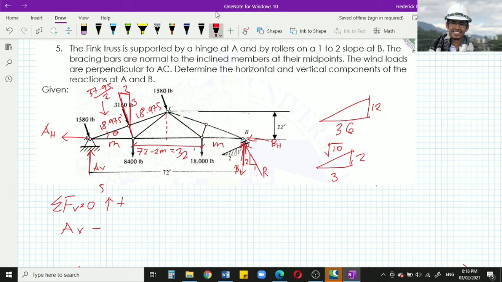Okay? So yung vertical components niya, that will be 3 over square root of 10 times, so yung muna 1580. So pwede na nating pag-aadin lahat ito. So plus 3160, pare-parehas lang yung kanya, plus 1580 ulit doon.